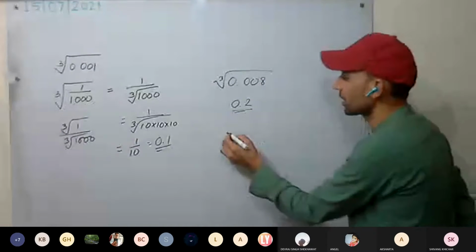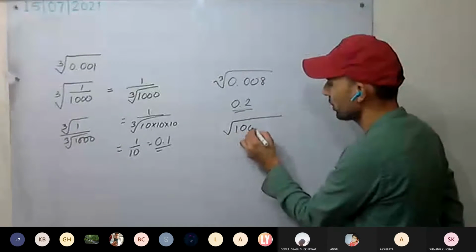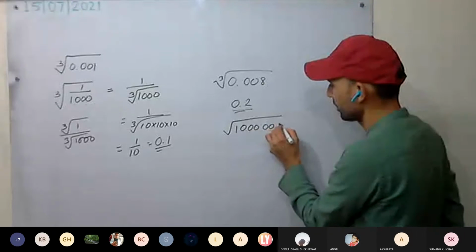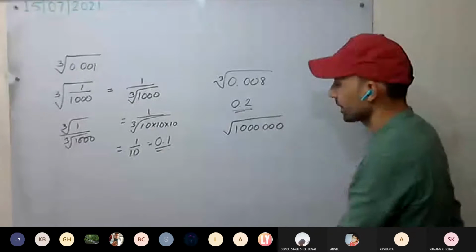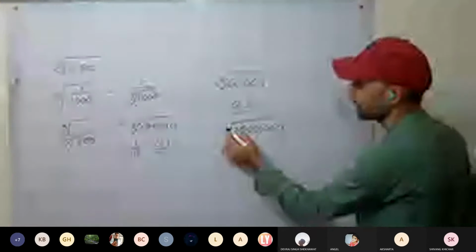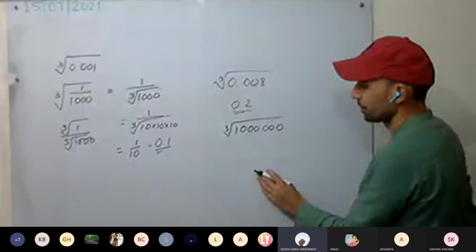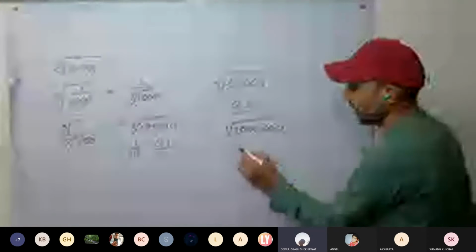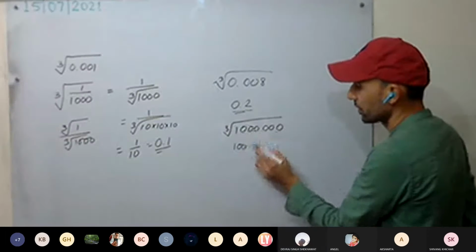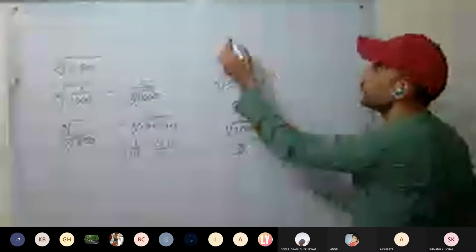Cube root of 6 zeros are there, so the answer is 100. Okay.